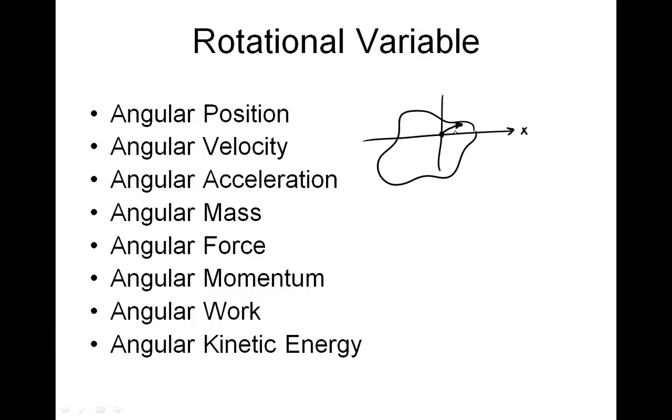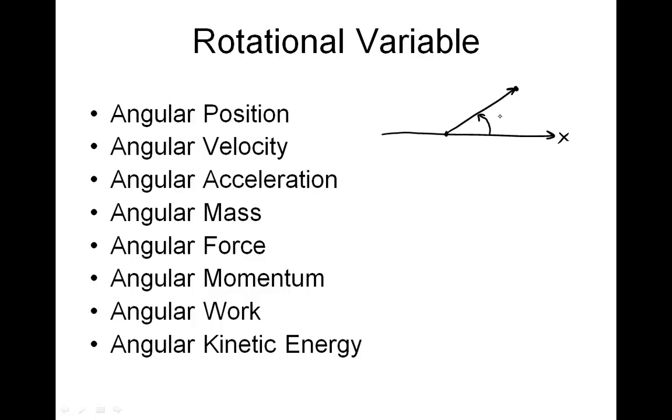That point is going to have some position measured as an angle from the positive x-axis. And so here's my positive x-axis again. Axis of rotation is here. This point out here has a position, and I'm going to measure that position with respect to the positive x-axis with some angle, and I'll use the Greek letter theta. Right, so angular position is measured with the Greek letter theta.